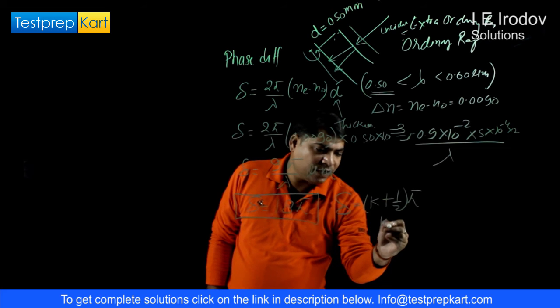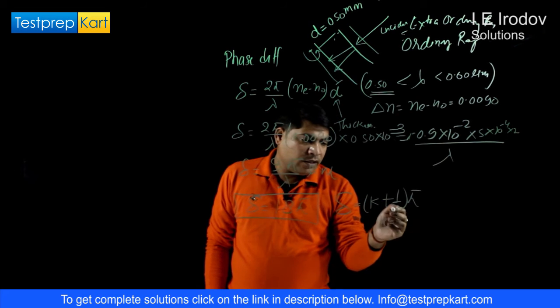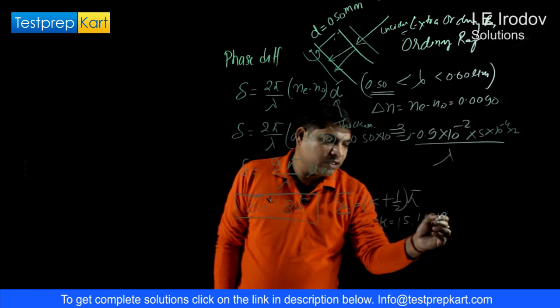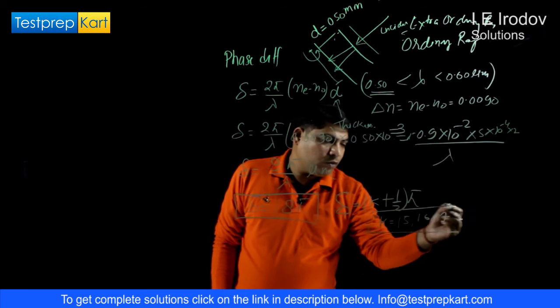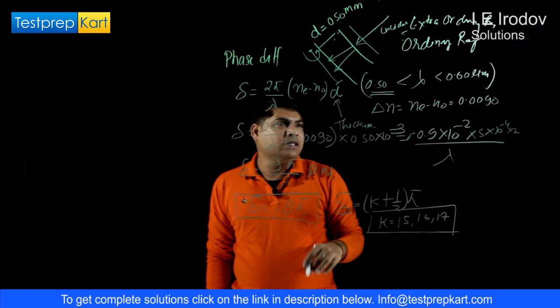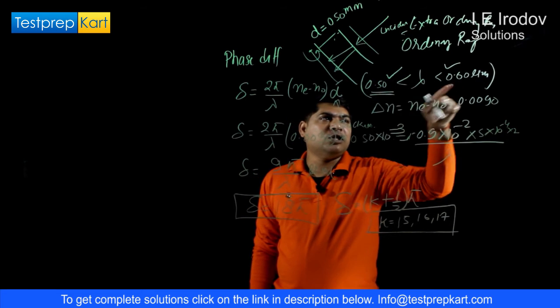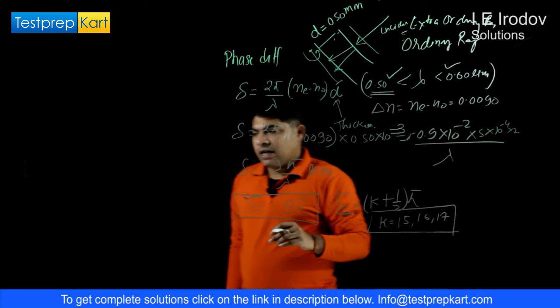So we can choose the value of k as 15, 16 or 17 to limit our phase difference within the range of wavelengths 0.50 to 0.60.